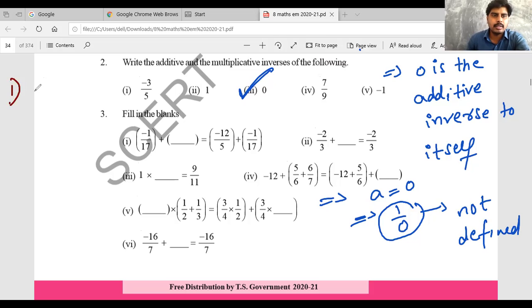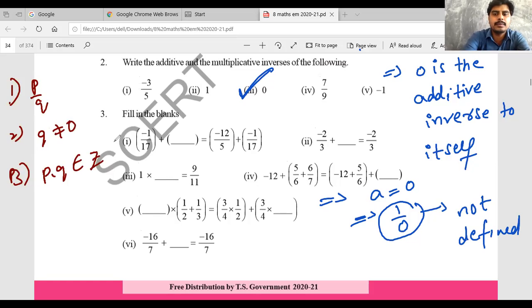Here I'm writing, which are in the form of P by Q. Second condition, Q not equal to 0. Third condition, P comma Q are integers, right? So here the second condition fails. So 1 by 0 is not a rational number.